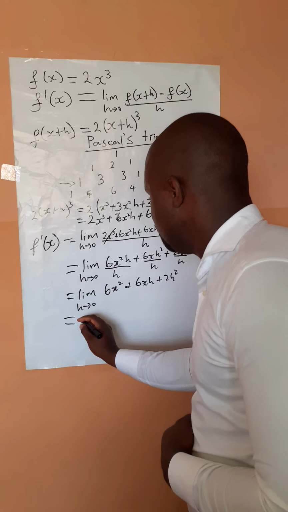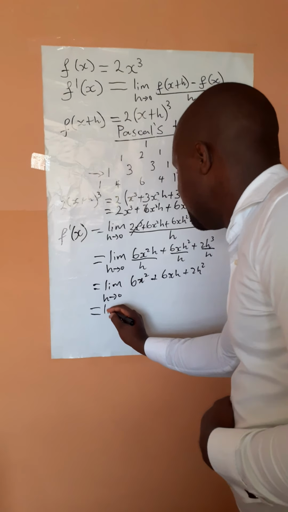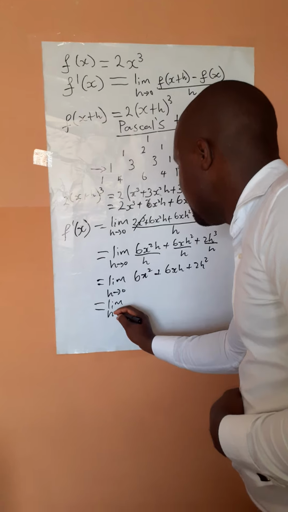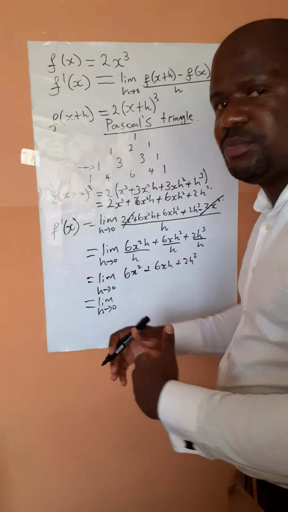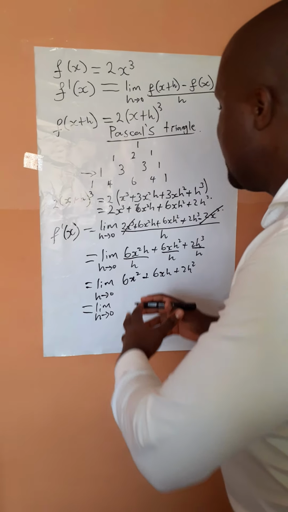Now, when you come to this point, you split it using the laws of limits. We are not going to go into that because we are trying by all means to have the video as short as possible.